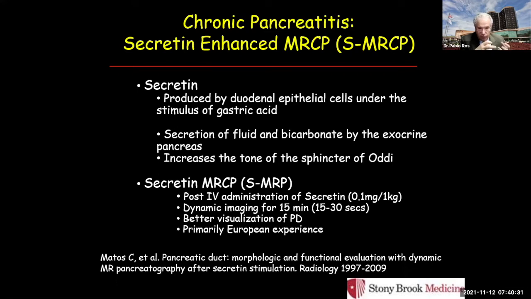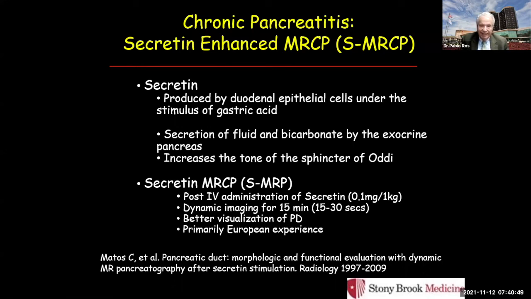This gastrointestinal hormone goes into the bloodstream, and then the secretin, hence the name, stimulates the secretion of fluid and bicarbonate by the exocrine pancreas. Also, the secretin increases the tone of the sphincter of Oddi.